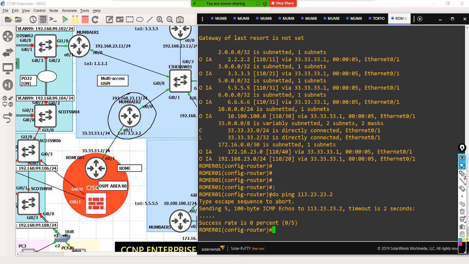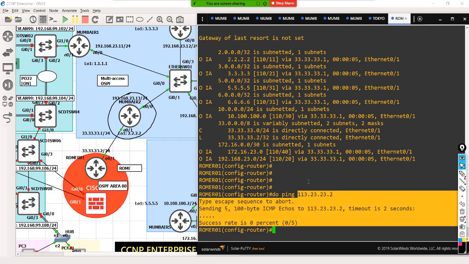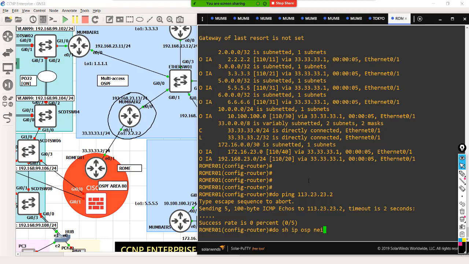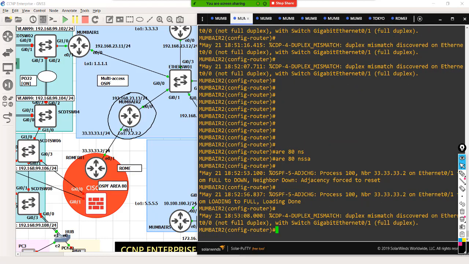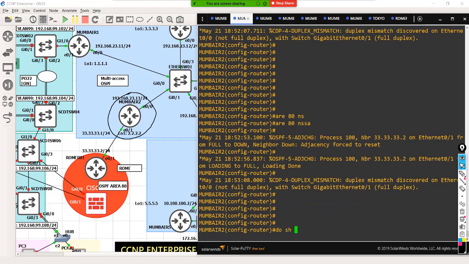Okay, if you see here, there is no ping reachability. So give me a second.